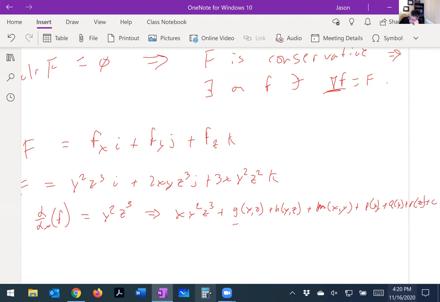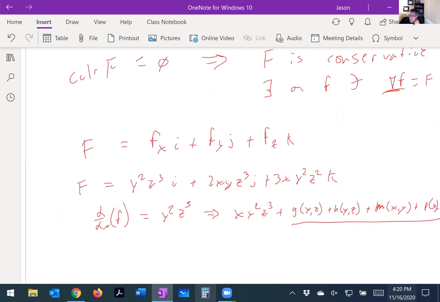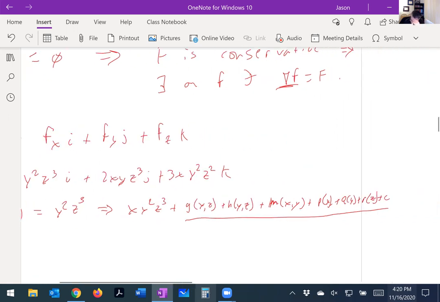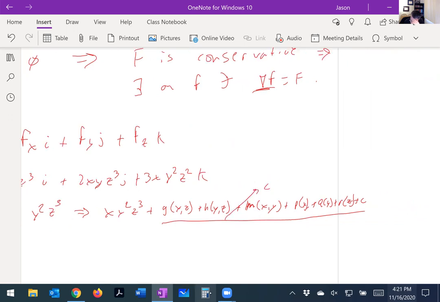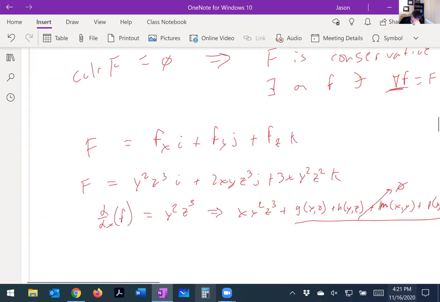So here's all the extra stuff that could be a part of it. The good news is that it's not a part of it, okay? So just keep that in mind. Because when we take the partials of the other ones, we're not going to come up with anything else. So basically this stuff goes away.